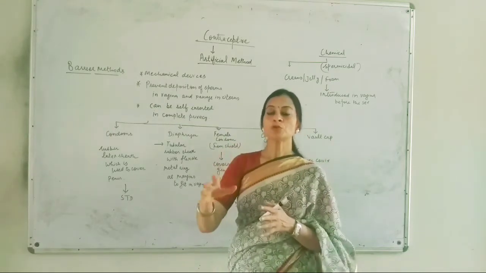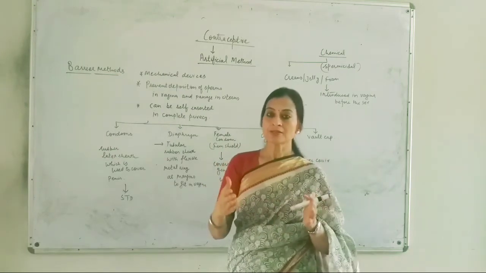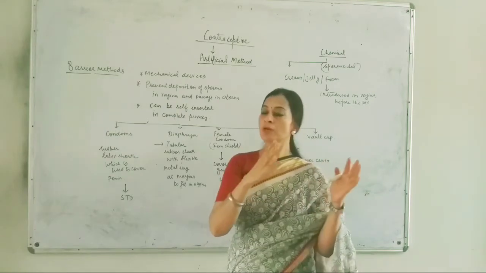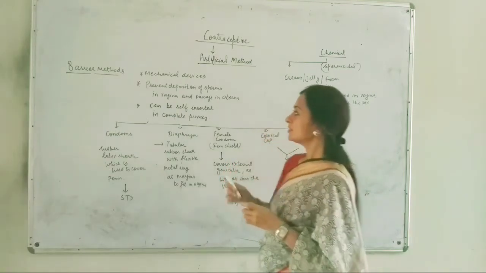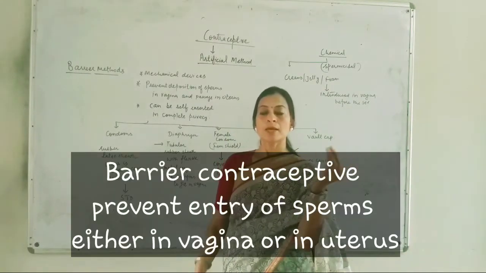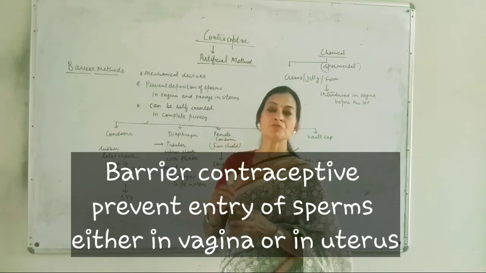The type of contraceptive we use depends on what natural process we are going to hinder. This barrier method is meant for preventing the sperms from entering the female body.